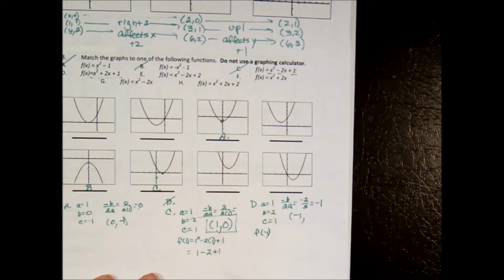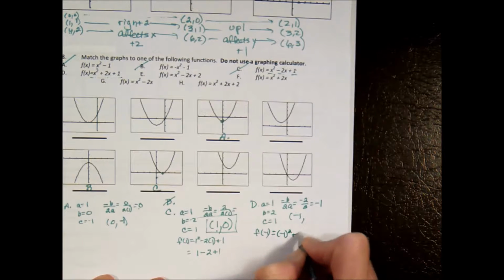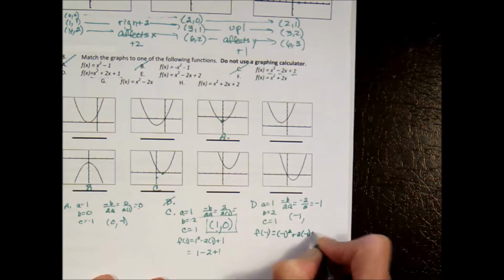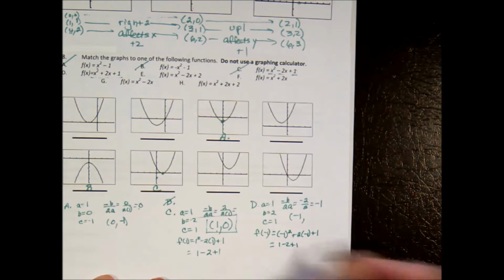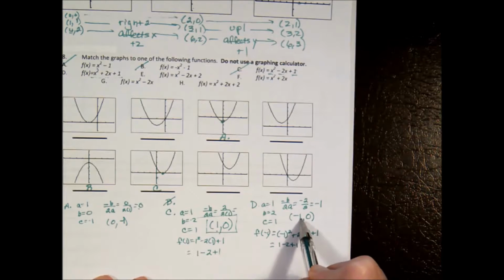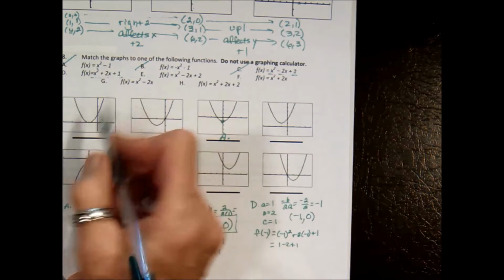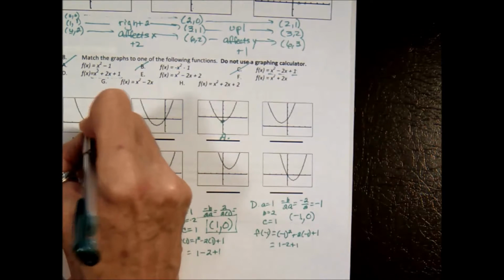So it's going to be -1 squared plus 2 times -1 plus 1, which is equal to 1 minus 2 plus 1, which is also 0. So for that one, I'm looking for the vertex that is at -1, 0. -1, 0, I believe, is right here. So that is my D.